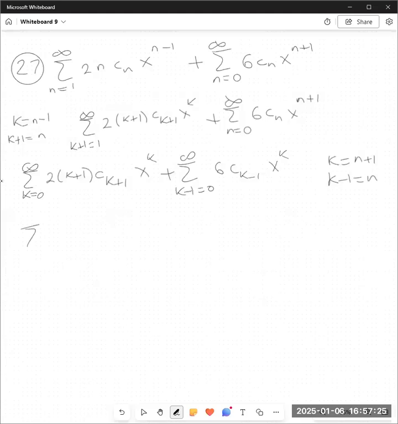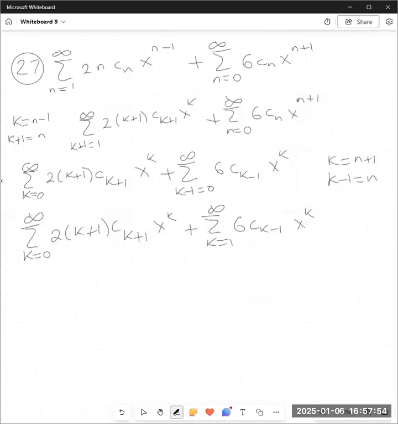And this is k equals 0 to infinity of 2(k plus 1) c_(k plus 1) x to the k plus k equals 1 to infinity of 6 c_(k minus 1) x to the k.